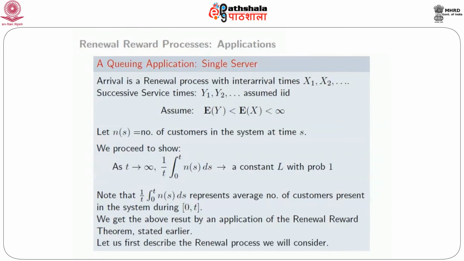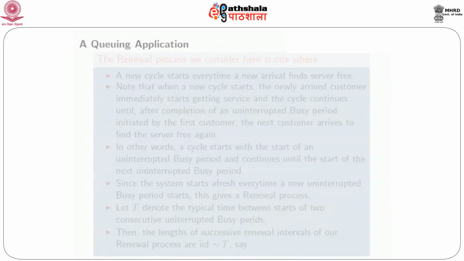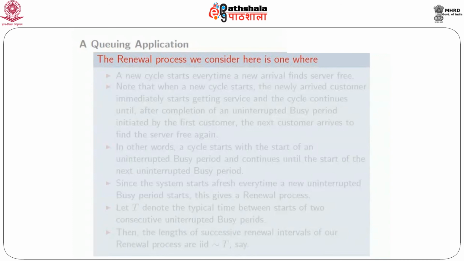First of all, let's describe the renewal process that we are going to consider. The renewal process here is one where a new cycle starts every time a new arrival finds the server free, which means that a cycle is really a busy period.